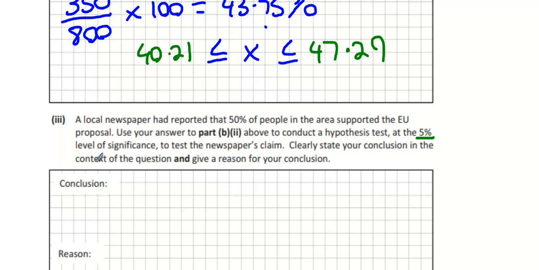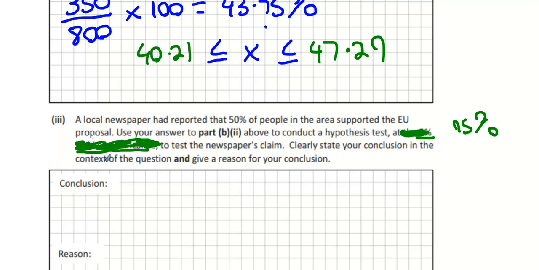See the way it says 5% level of significance? What's 100 take away 5? So that means the 95% confidence interval. Is that all right? Clearly state your conclusion in context of the question and give a reason for your conclusion.